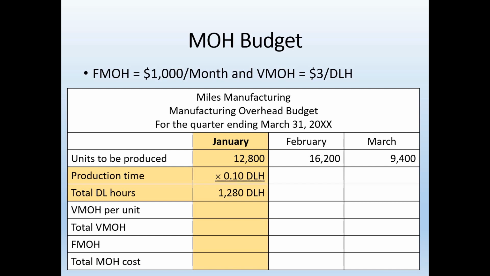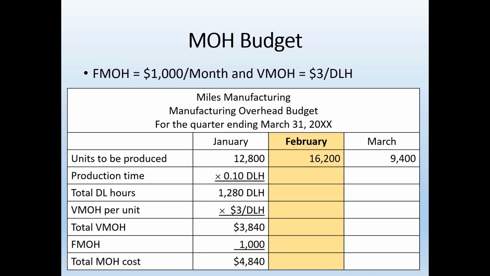We can take the number of labor hours in this case and multiply it by the firm's variable manufacturing overhead allocation rate, $3 per labor hour, to get the total dollars for variable manufacturing overhead. Add in the fixed manufacturing overhead per month to get the total cost of overhead for January.